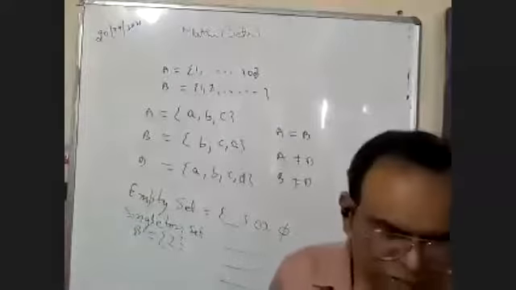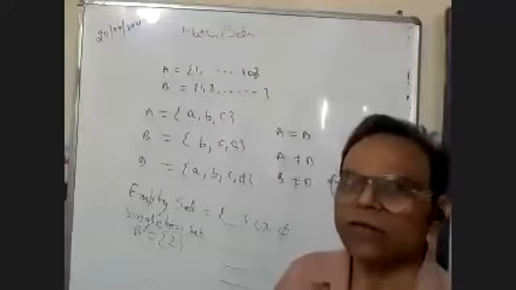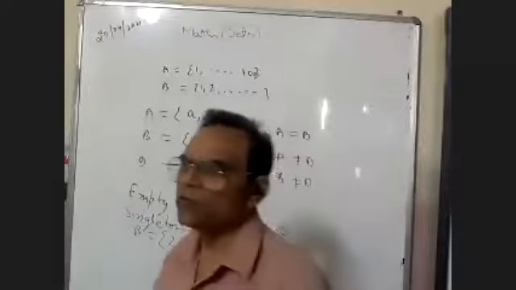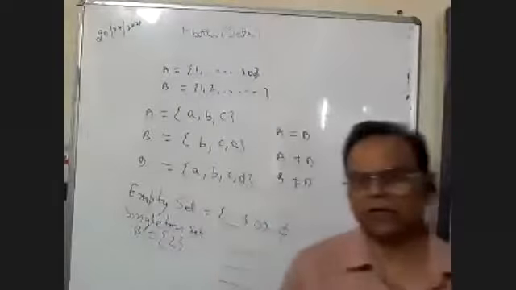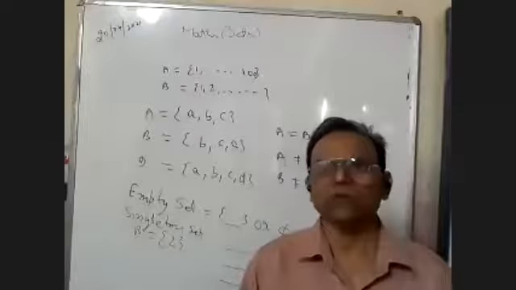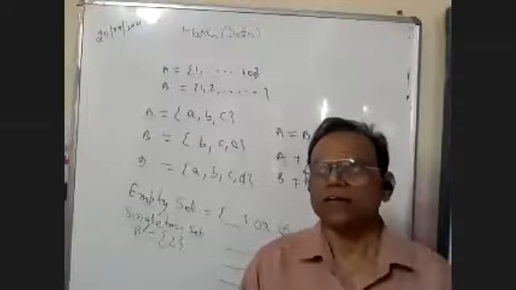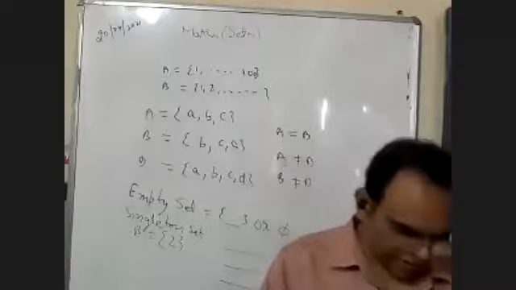If it is a finite set, there will be some starting point and end point. If there is no end point or no starting point, that will be an infinite set. So you have to write first the elements of the set, then you have to reply whether it is finite or infinite. You should not give the answer directly.